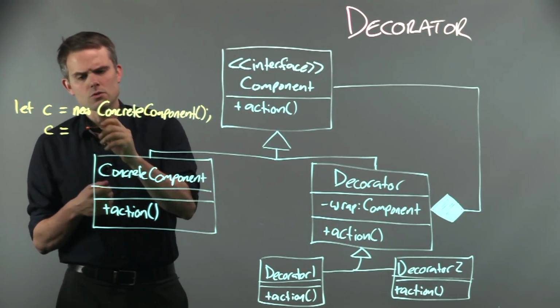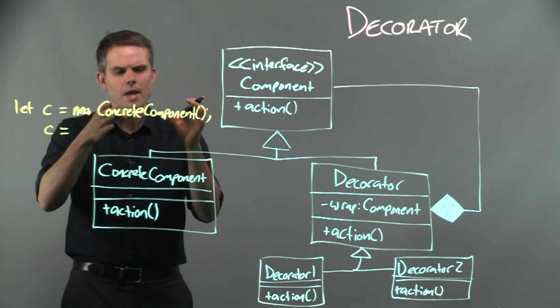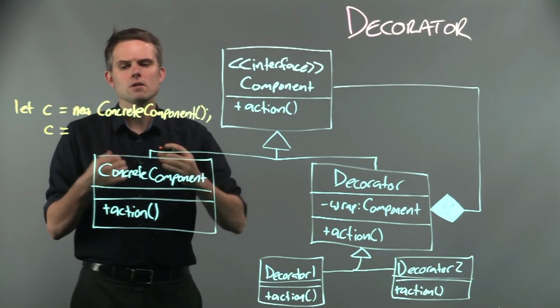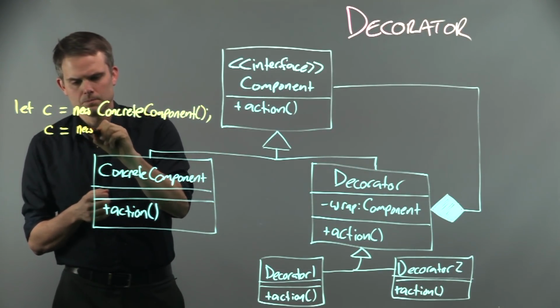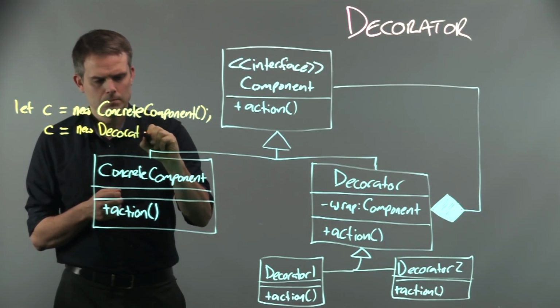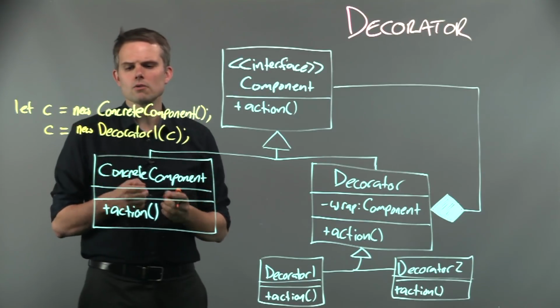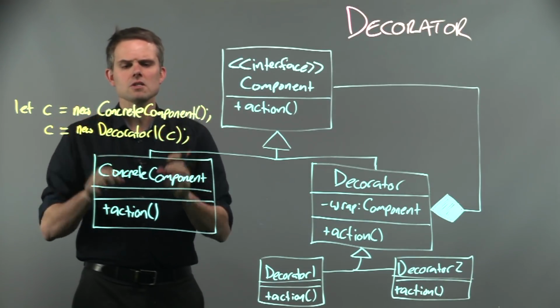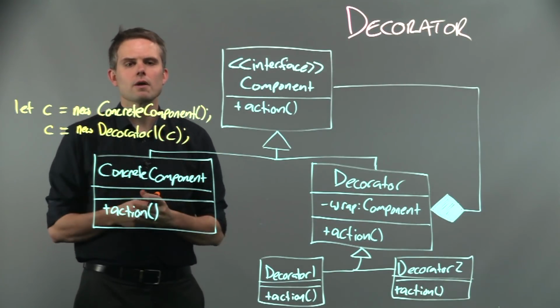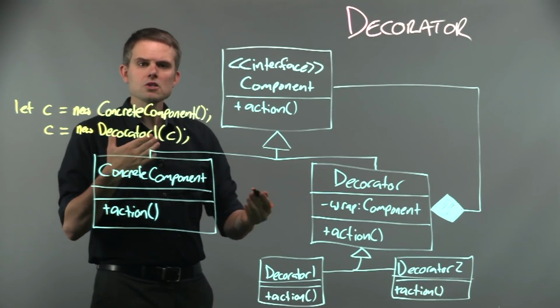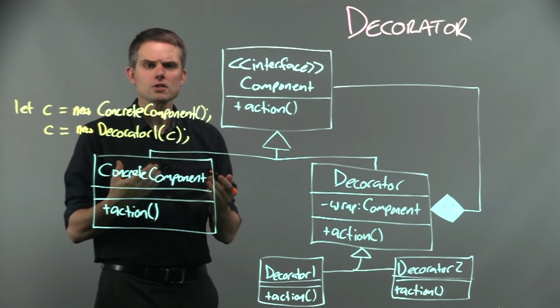And the way that we would do this is we would just create a new decorator and pass in the existing object into that constructor. So what we've done here is we've enclosed the existing instance of concrete component within decorator 1. This is where the composition part of the decorator really starts to kick in.